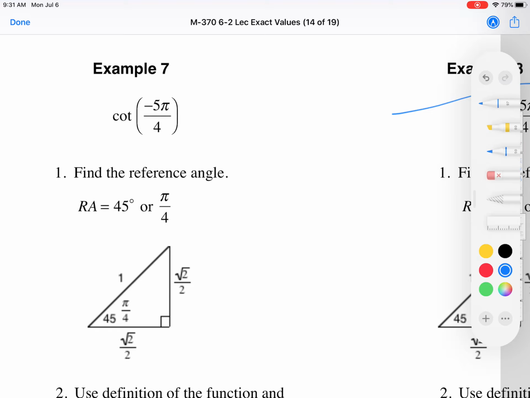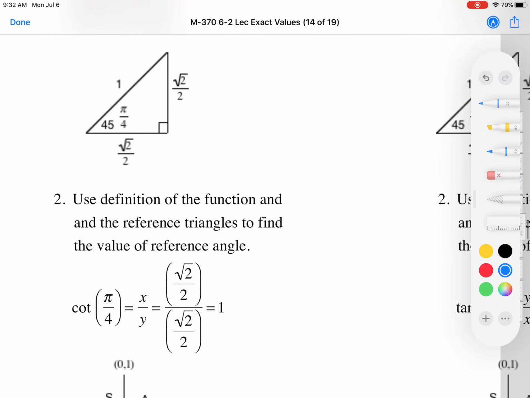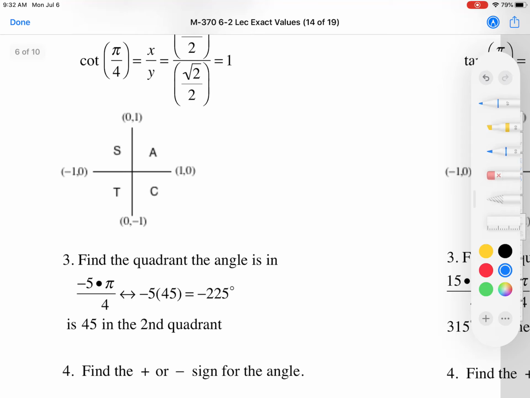Cotangent of -5 pi over 4. Okay, so again, the reference angle is going to be a pi over 4 reference angle, right? We can get that from the 4. Cotangent is x over y, so we're going to get a 1 out again. And then we have to figure out what quadrant we're in. So if we're -5 pi over 4, he's claiming that we're going to be in the second quadrant because it's -225, and I agree.